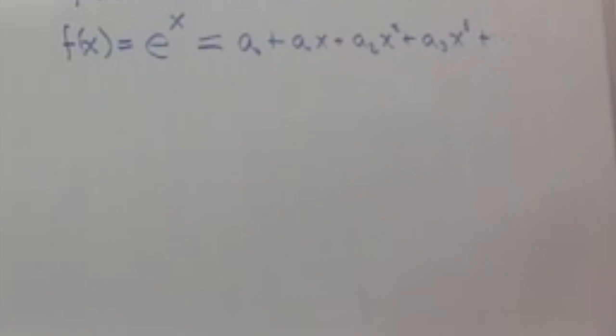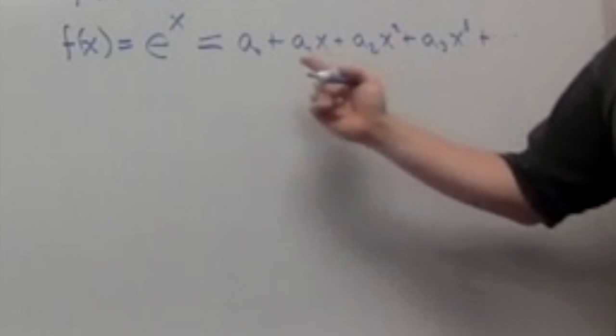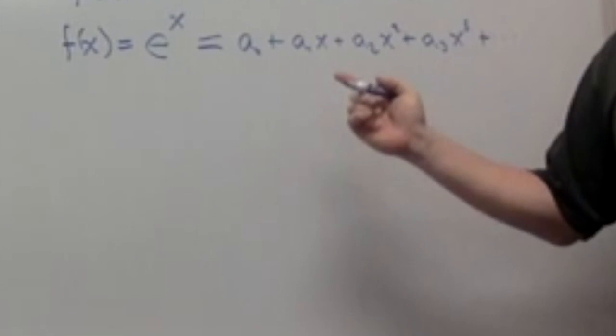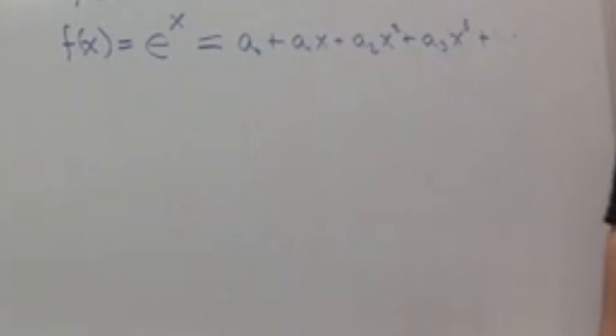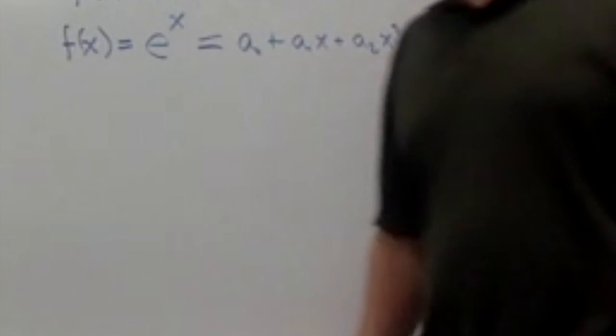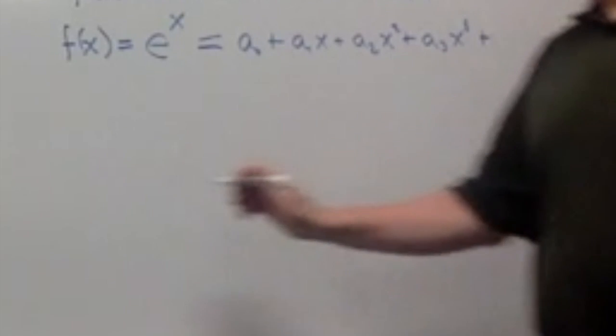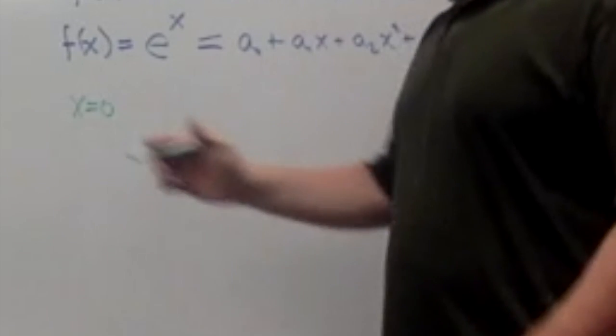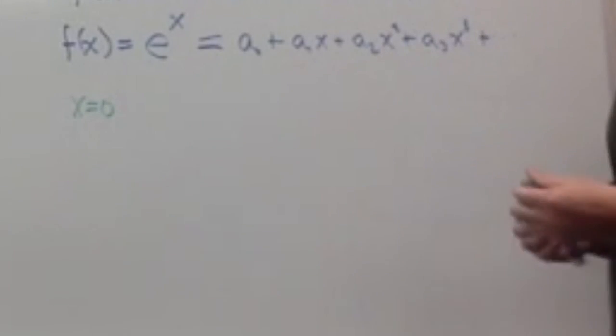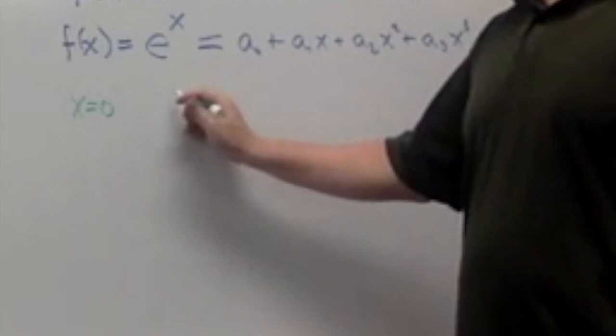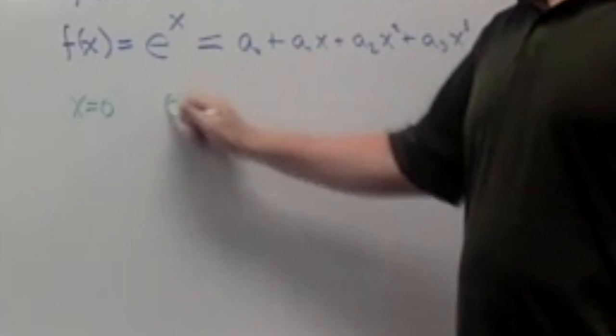Well, if the coefficients exist, then I should be able to plug in numbers for x, which would make the left-hand side equal to the right-hand side. For example, if x equals something easy like 0, then the left-hand side becomes e to the 0, which is 1.